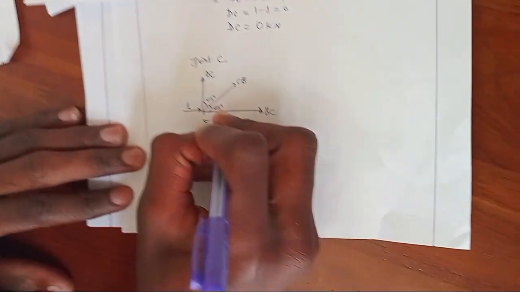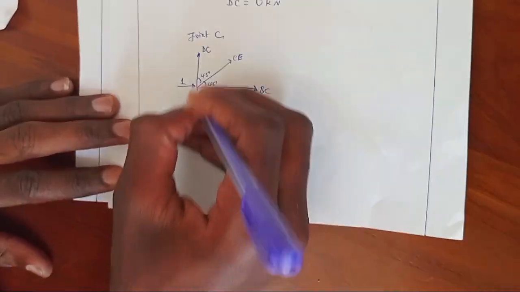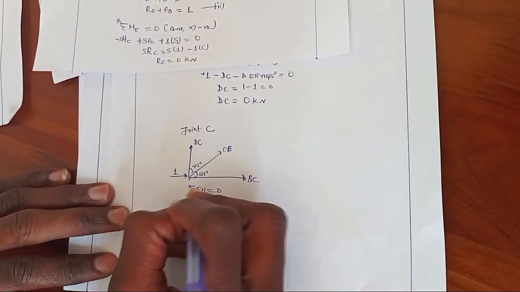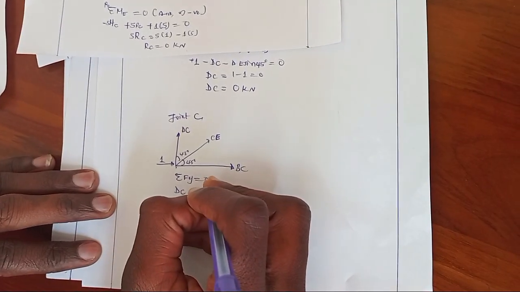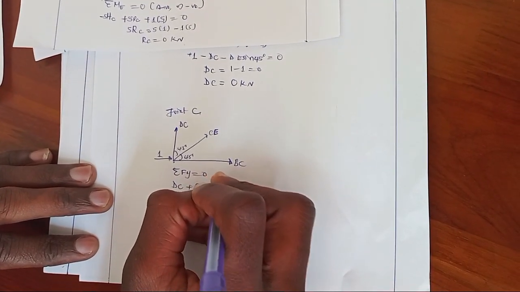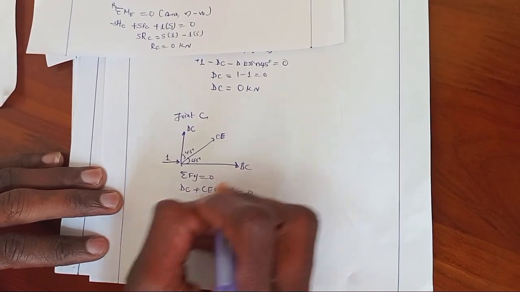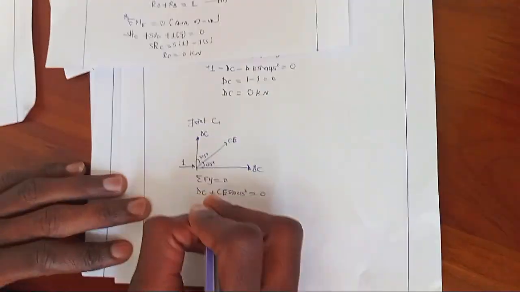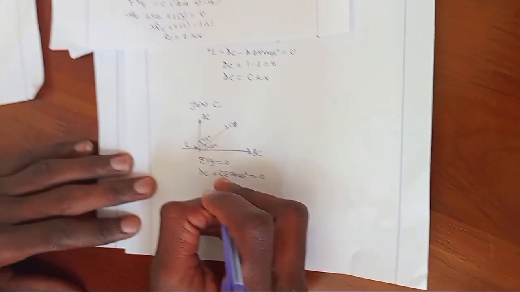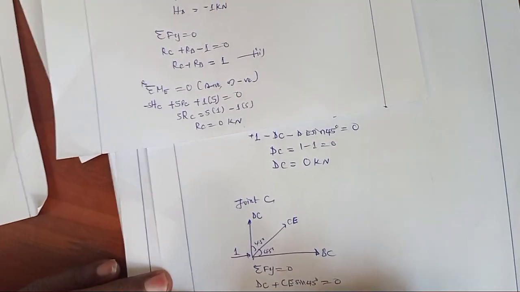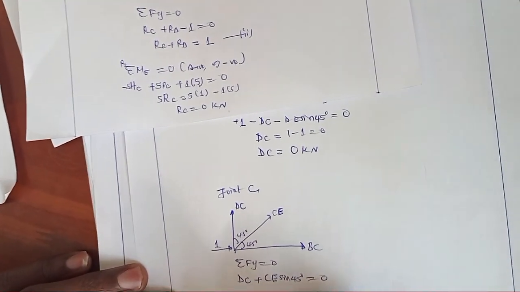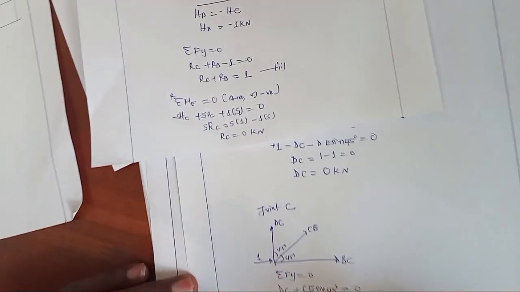Summation of vertical force: DC plus CE sine of 45 is equal to 0. DC is equal to 0, so CE will be equal to 0 minus sine of 45 degrees. So CE is equal to 0 kilonewton.